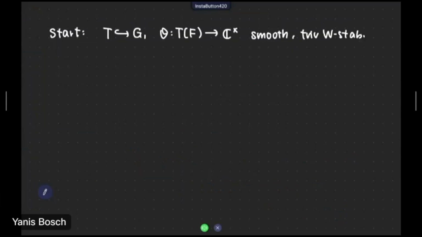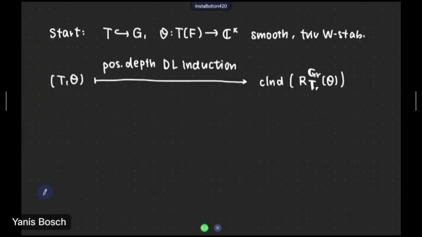Our starting situation is that I take some character of something like SO2 inside SL2R. And what I've written, starting from the statement of the main theorem, is that starting from this data, you can build a representation.